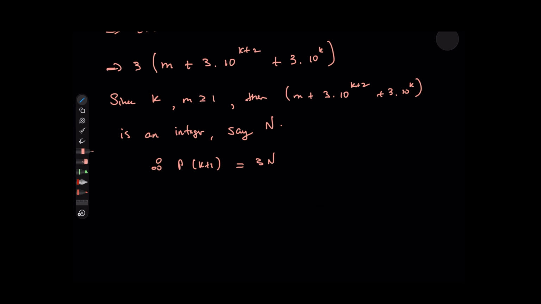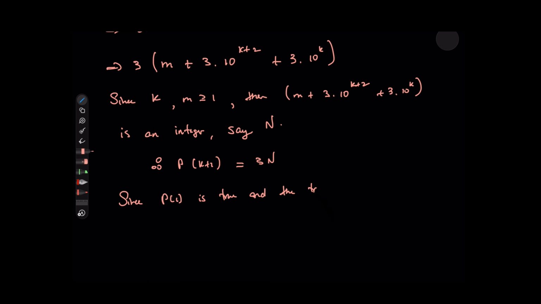So we have to say now, since p of 1 is true and the truth, of course, in any other words that you want here, right? I'm just writing this, but the information must be communicated in any way that you want.